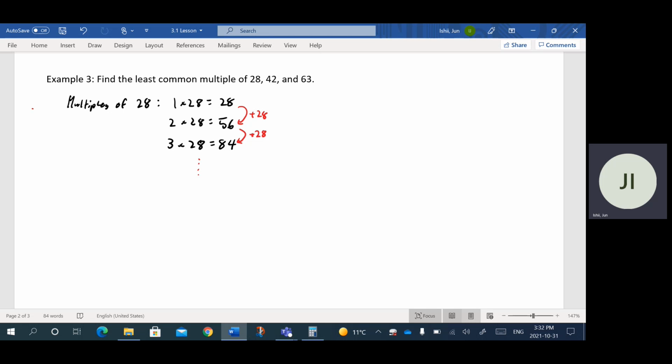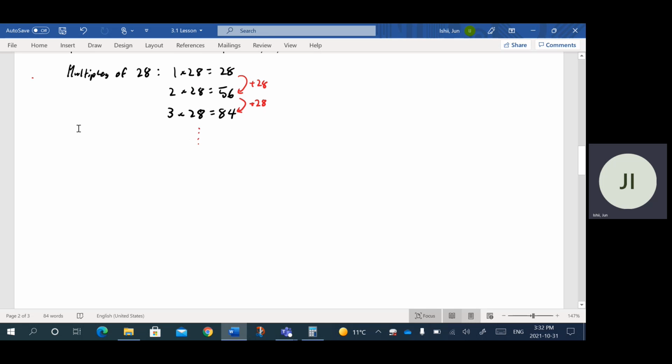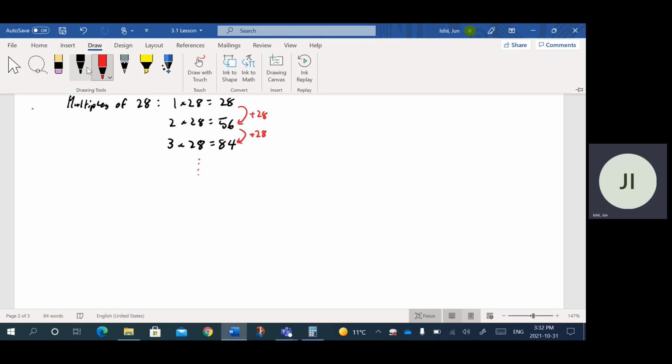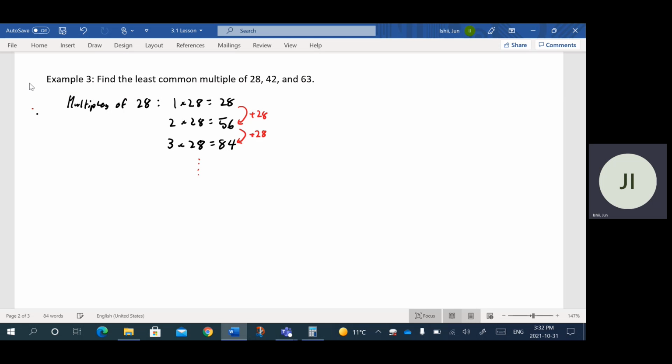But that could take time, so I'm going to show you a more systematic way of doing this, and yes, it does involve prime factorization again. Let's find the prime factorization of each of these numbers: 28, 42, and 63. 28 breaks down to 4 times 7, and 4 is 2 times 2.